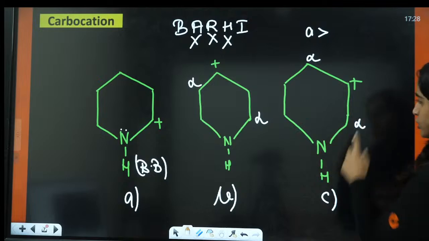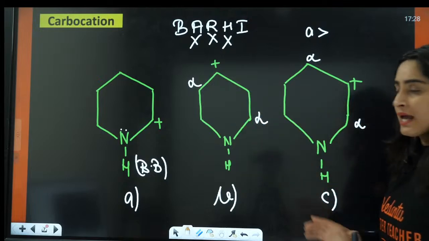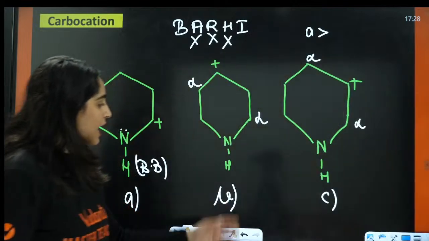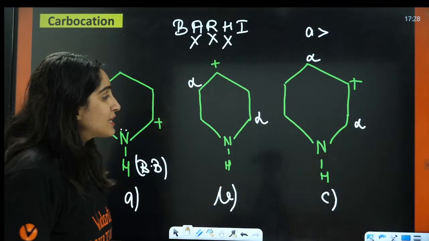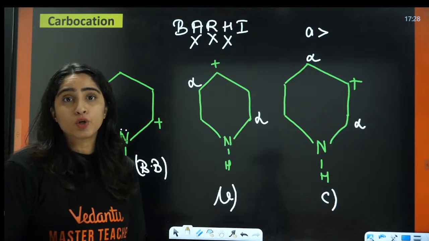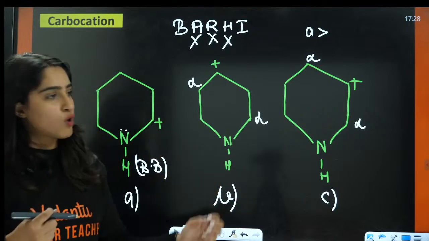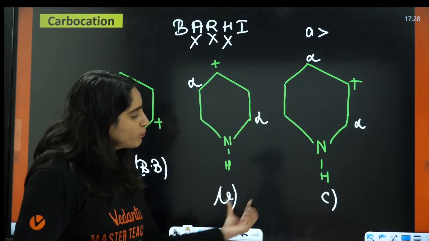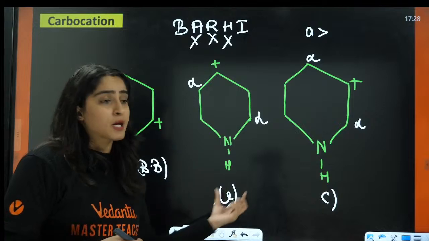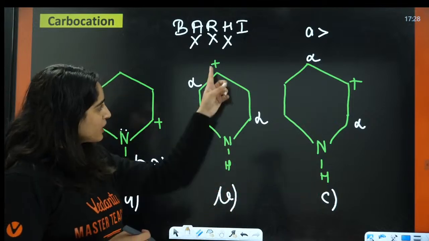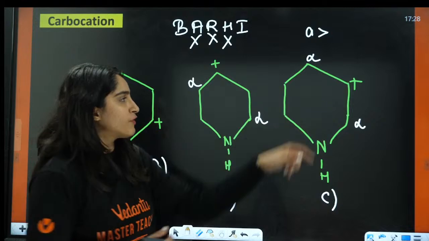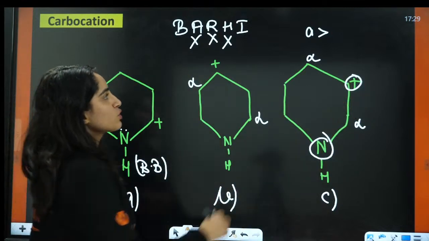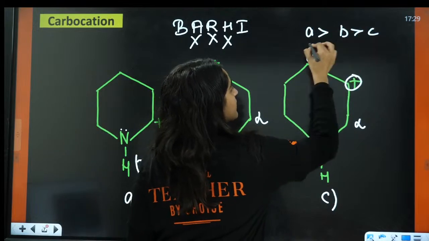In C, nitrogen is closer to the positive charge as compared to B, so it will extract the electrons more efficiently, making it more unstable. So B will be more stable than C because here the difference between this nitrogen and this vacant p orbital is less in C. So the order is A, then B, then C.